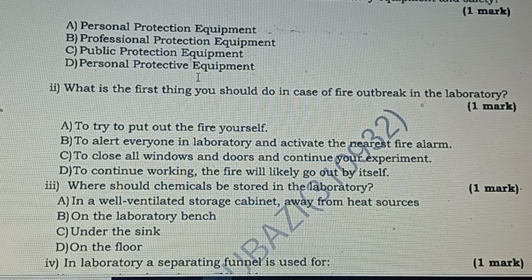Personal protective equipment is equipment that protects a person from injury, infection, or exposure to a hazard. For example, lab coat, protective gloves, face masks, and so on.